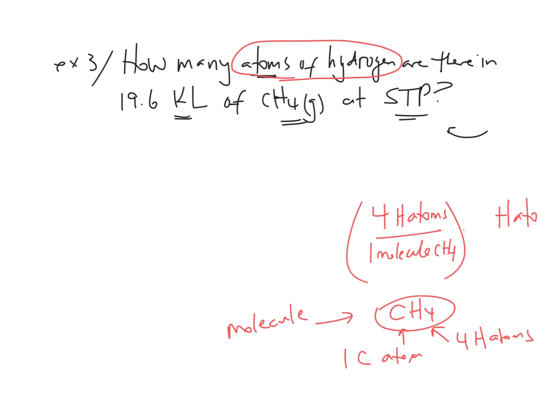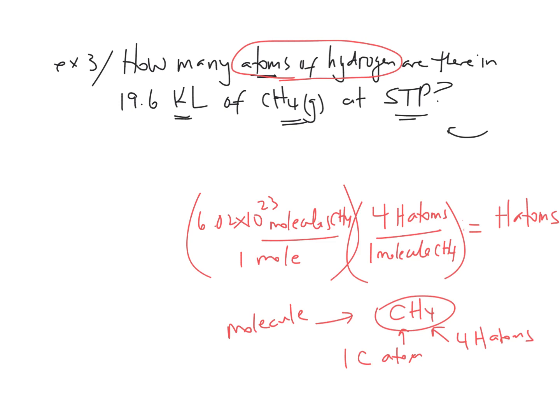So that'll hopefully get us to hydrogen atoms, which means we need to somehow figure out how many molecules of methane there are. We need a conversion for molecules of methane. Well, we know that there's going to be 6.02 times 10 to the 23 actual molecules in 1 mole of anything, in 1 mole of methane, okay?